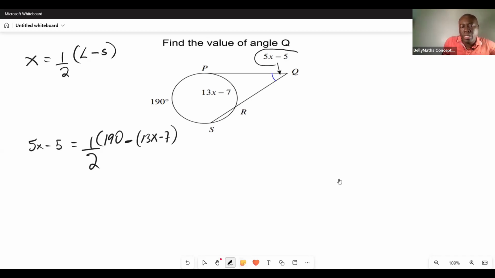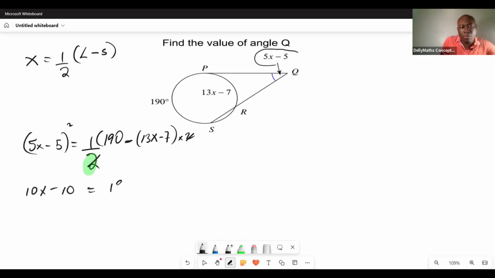Firstly, in solving this, I'm going to try to get rid of my 2 here. So I'm going to multiply both sides by 2. On my left side, I'm going to have 10x minus 10, and then this 2 cancels here.